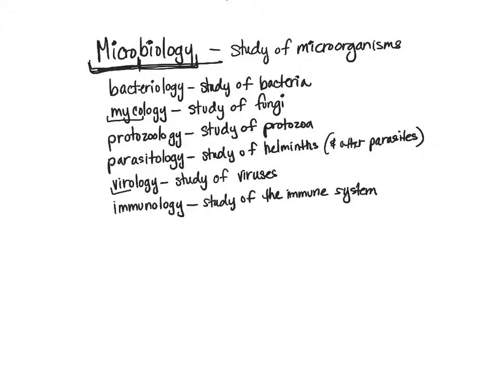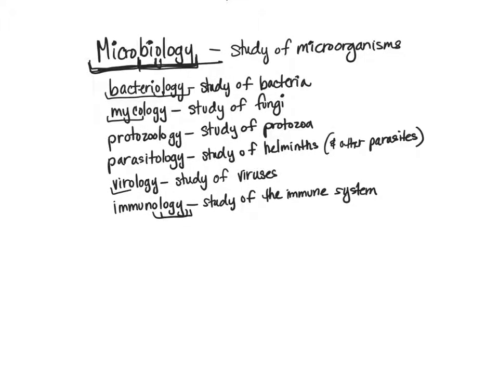So ology, perhaps you've guessed now, ology is the study of, right? So that's why we can separate microbiology. So ology is study of, bio is related to living things, and micro, so small living things, the study of. And we can separate these things as well. Bacteriology, so obviously bacteria, and then ology is the study of bacteria.